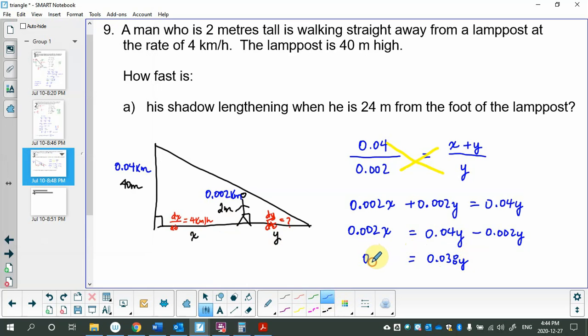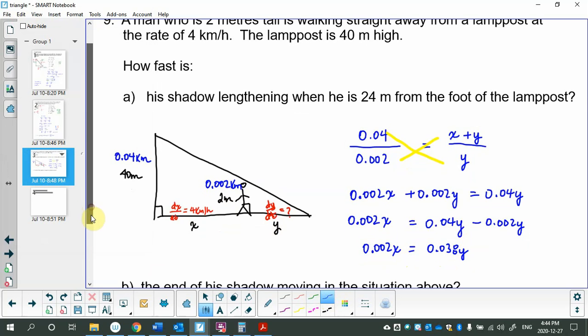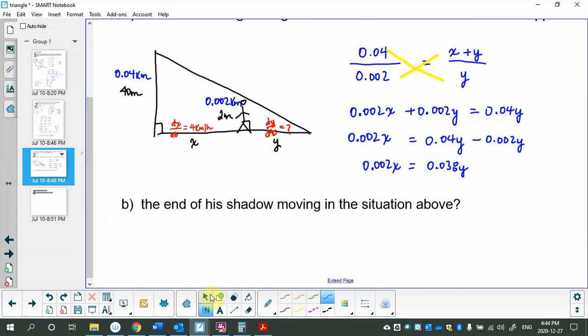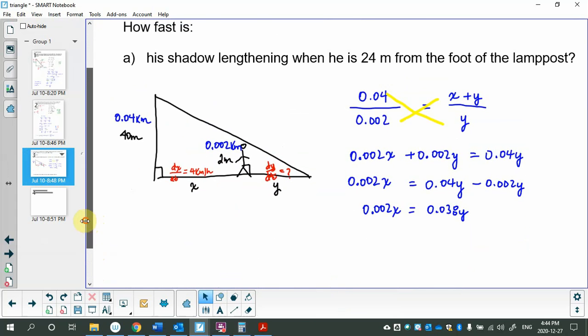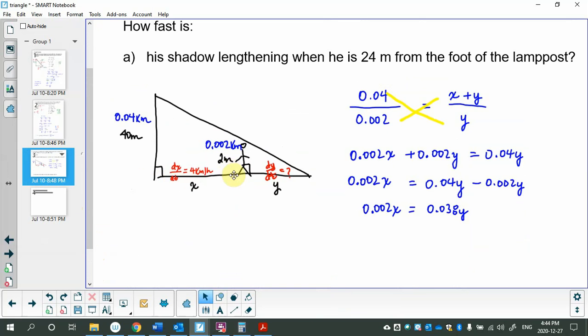So now I can take the derivative and not be too clumpy. Yes, I know there's question B. So the shadow is y. The walking distance is x, so that's why we had to separate that.